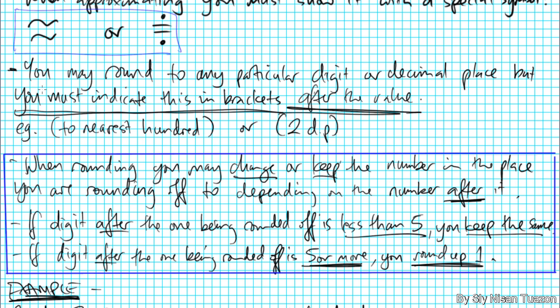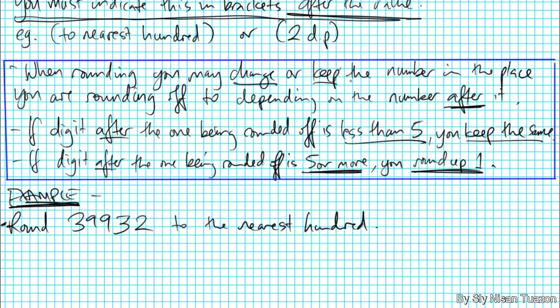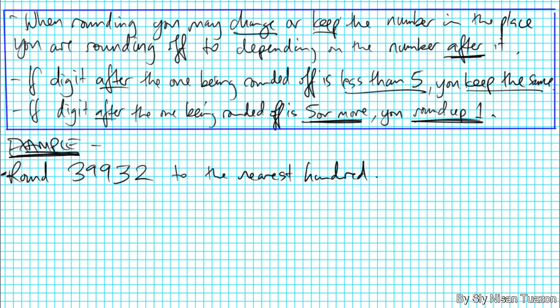No, I'm not aware of any shortening for that. If you're asked to round to particular decimal places, though, you can do a shortening. You could go bracket to d.p, to decimal places. Alright?